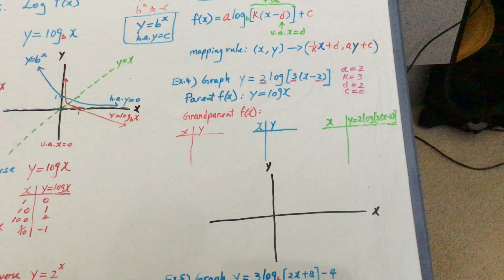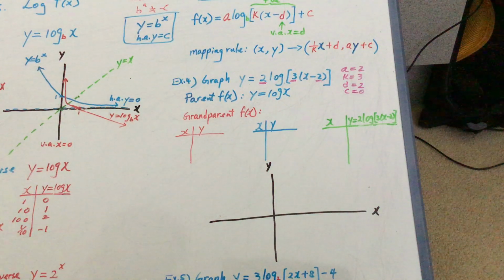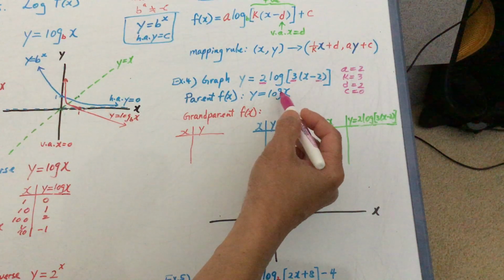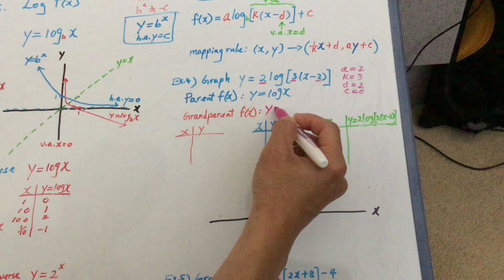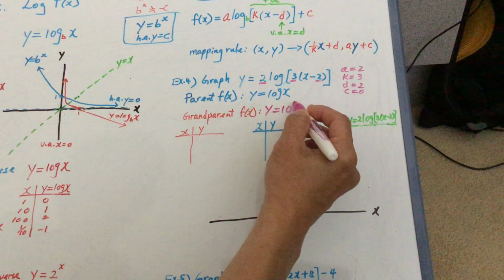I call this the grandparent because I need to go back one step further so that I can get my key points easily. The exponential form of log x will be y equals 10 to the power of x.